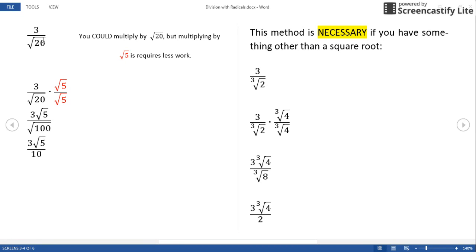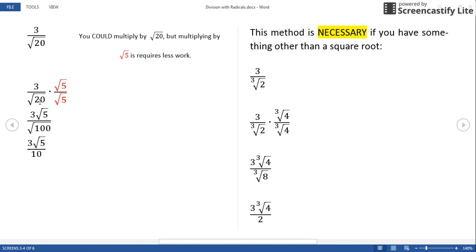So while it works to multiply by square root of 20, let's see if we can find a better way. What could I multiply 20 by in order to make it into a perfect square? If we multiply 20 by 5, 5 times 20 is 100, and 100 is a perfect square. So let's multiply both parts of our fraction, top and bottom, by square root of 5. On the top, 3 times the square root of 5 is just 3 square root of 5.